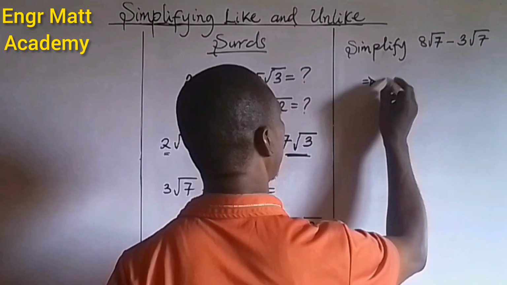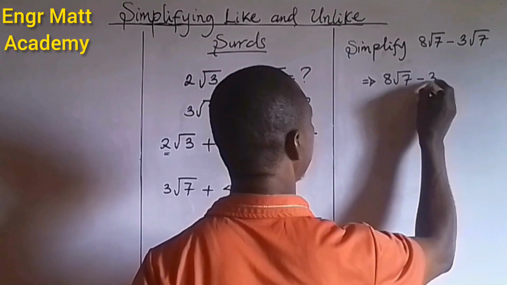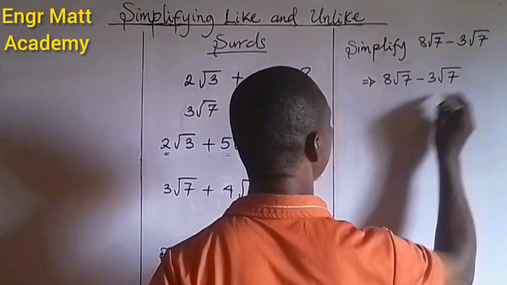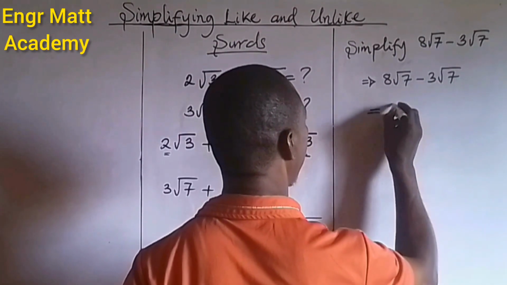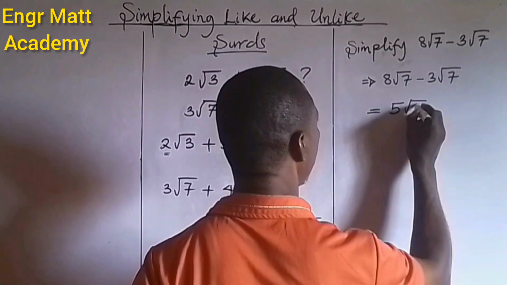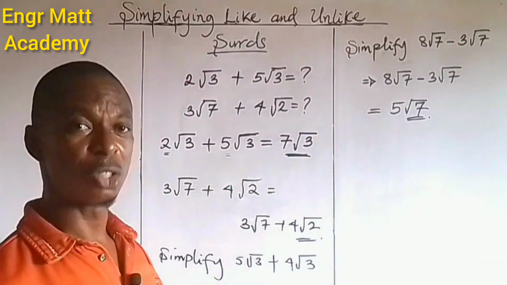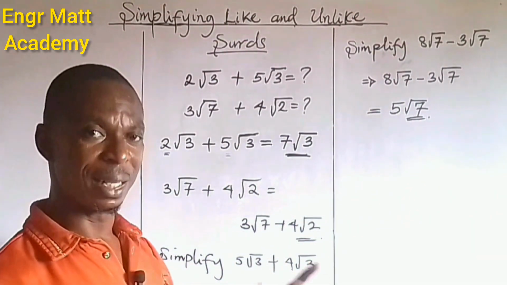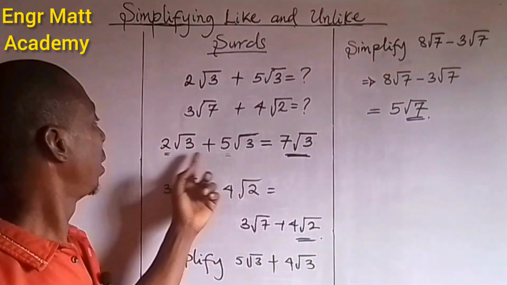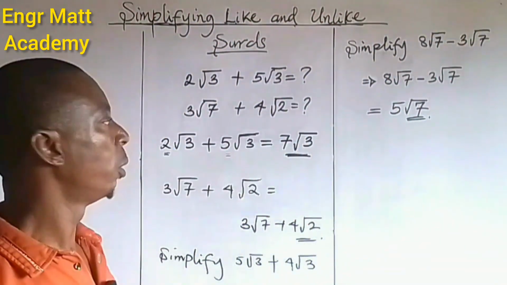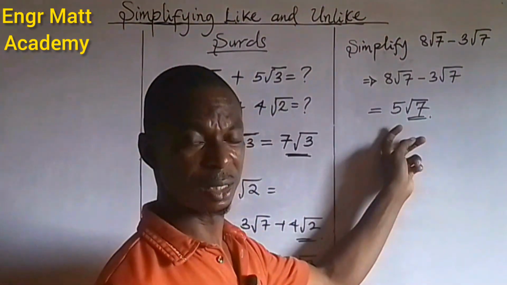So 8 root 7 minus 3 root 7 is equal to 8 minus 3, that will be 5. So we have 5 root 7. This means when you are adding or subtracting surds that are alike, like surds, all you need to do is to add their coefficients or subtract the coefficients, as we did in this case.